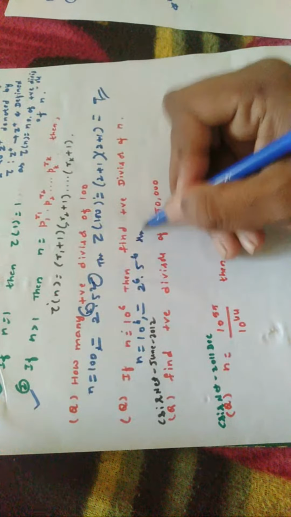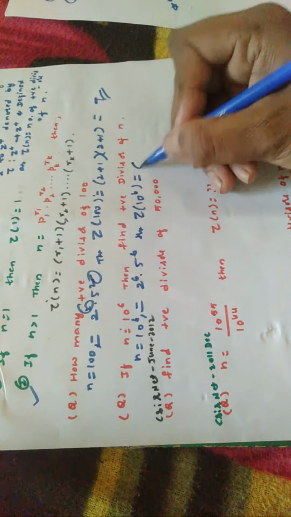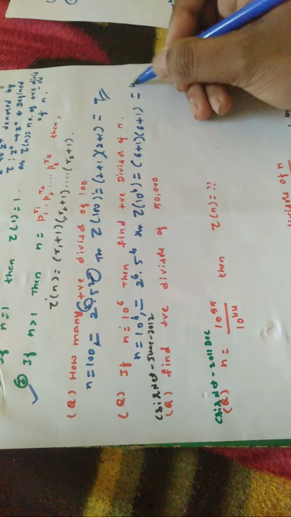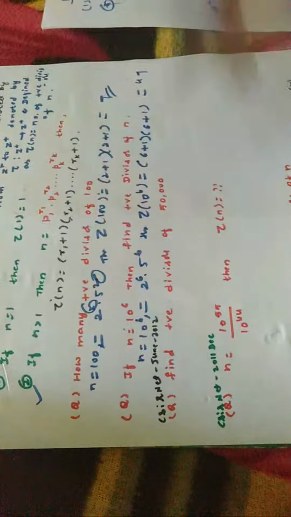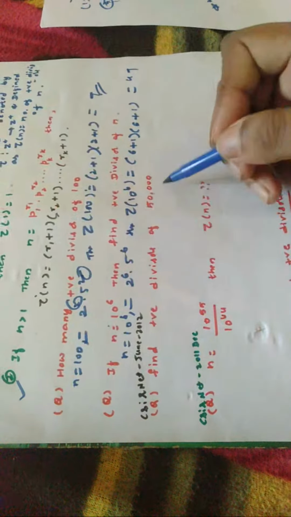Then tau of 10 power of 6 is equal to (6 plus 1) into (6 plus 1). This is equal to 49. By using this definition, we find this.